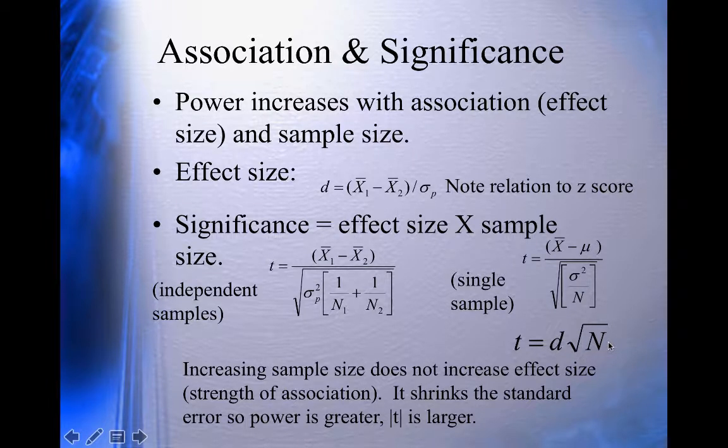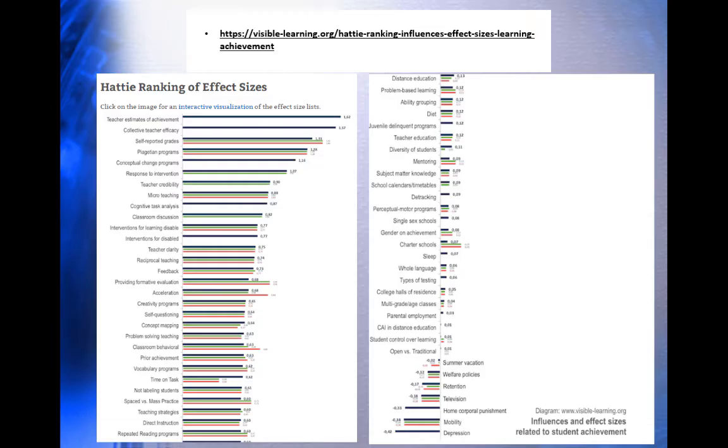So when you get a big sample, you get a significant result not because the effect size is big, but because the test statistic is big, because you got a smaller and smaller standard error. Here, this is not the standard error, this is the standard deviation. This is the standard deviation divided by the square root of n. All right, so power will increase with a bigger association or effect size and with a bigger sample size.